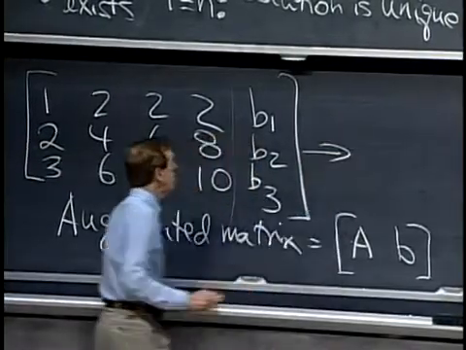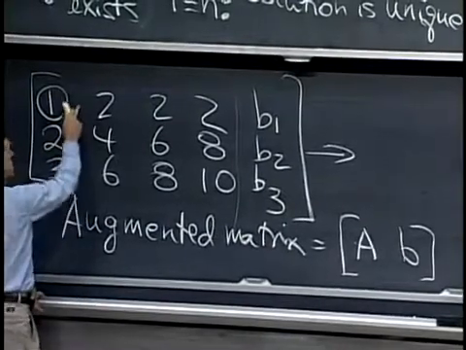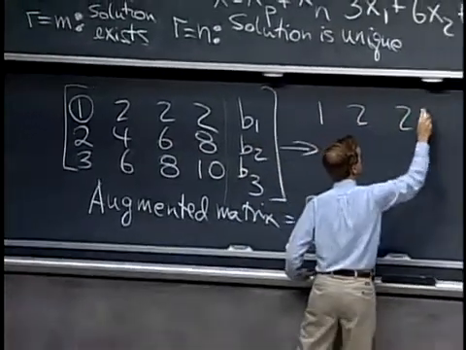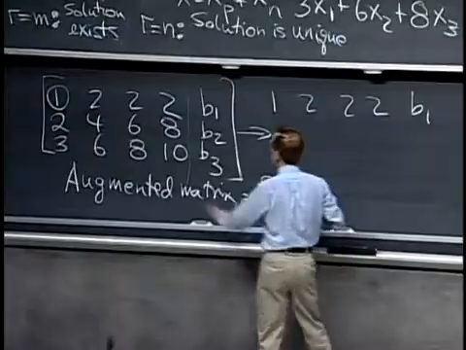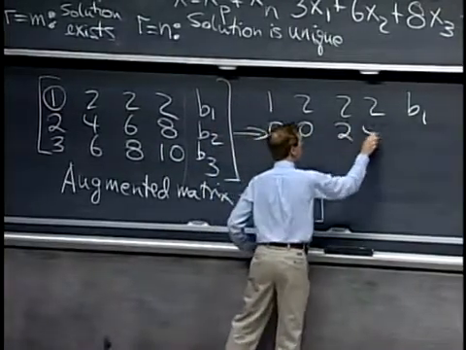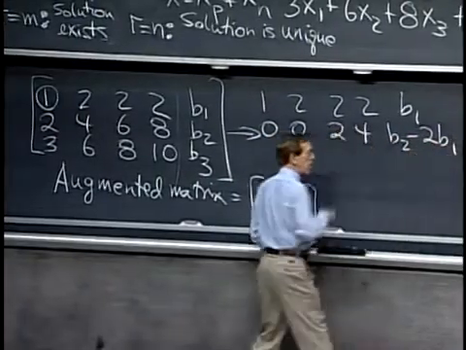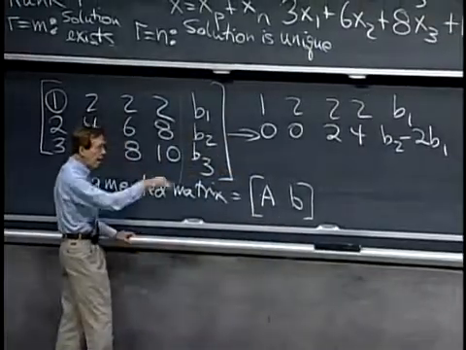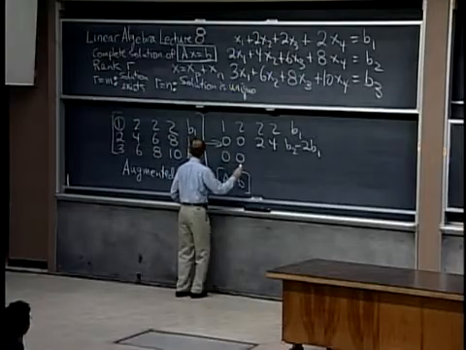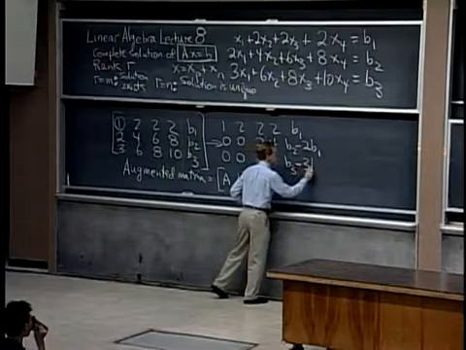Can we just do elimination quickly? The first pivot is fine. I subtract 2 of this away from this, 3 of this away from this, so I have 1, 2, 2, 2, b1. 2 of those away will give me 0, 0, 2, and 4. And that was b2 minus 2b1. I have to do the same thing to that last column. And then 3 of these away from this gave me 0, 0, 2, 4, b3 minus 3b1.